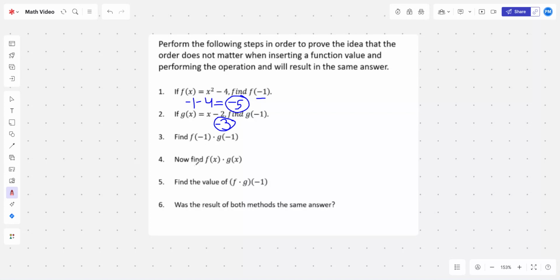Now this is saying find f of negative 1 times g of negative 1. This is essentially saying multiply the two results. So negative times negative is positive, and 5 times 3 is 15. So the product is essentially just 15.